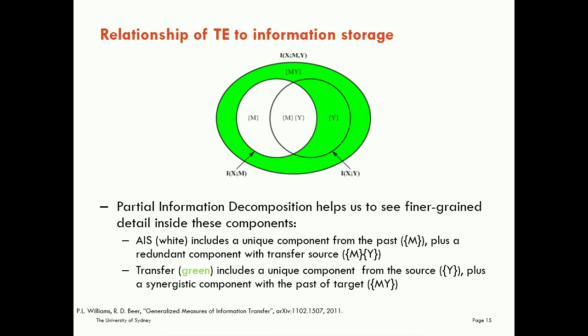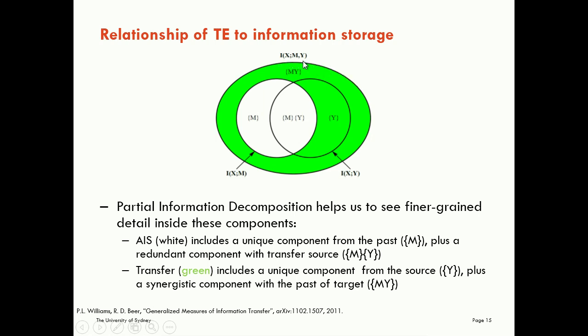I mentioned how this was a very hot area in contemporary information theory, which tries to consider, when we think about the information that one source, M, has about a target variable X, and a source Y has about a target variable X, we can think about how they have something held redundantly or in common, something each holds uniquely, and something that you can only see when you put those sources together.